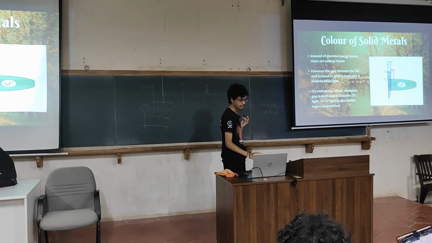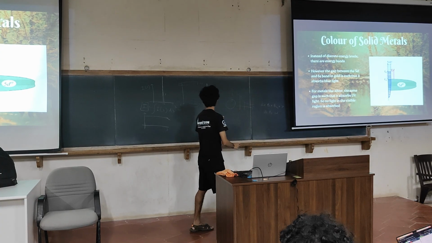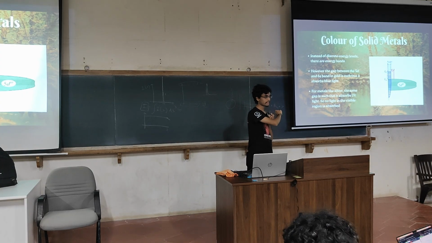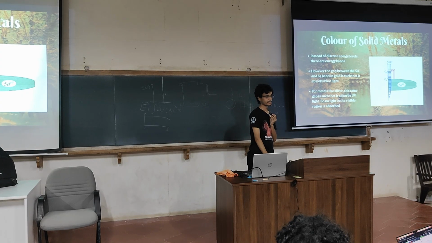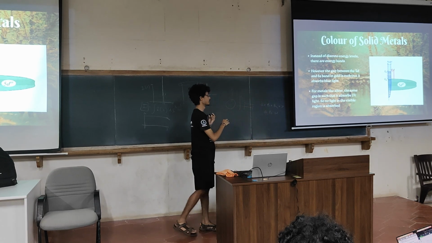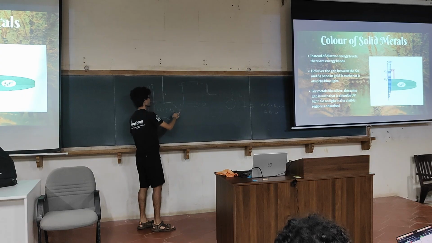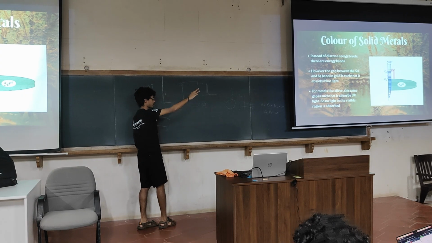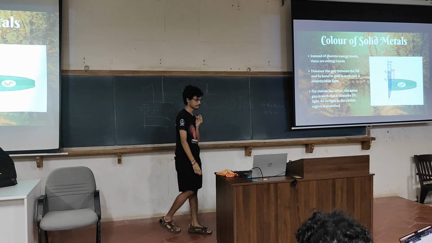And in silver and aluminium, this energy difference corresponds to light in the UV region. So it's not going to absorb any blue light, it'll just reflect all the other light equally.